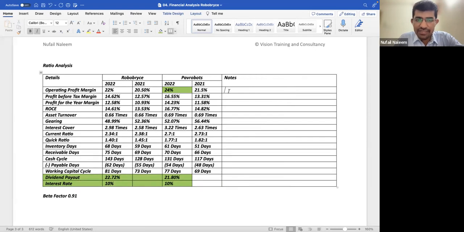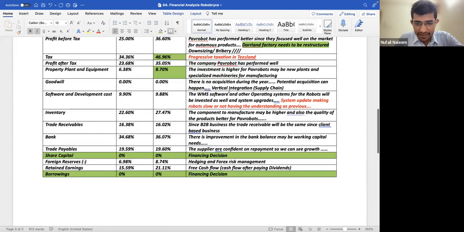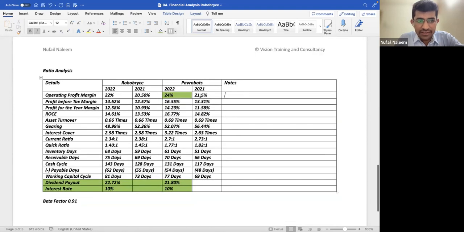That effectively shows that our software, our quality, is a little bit backward compared with Pavrobot, because Pavrobot is producing far superior AGV and AMR.